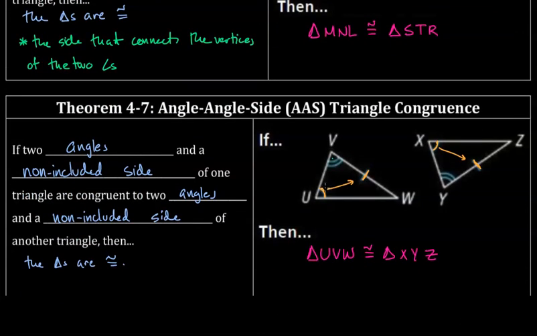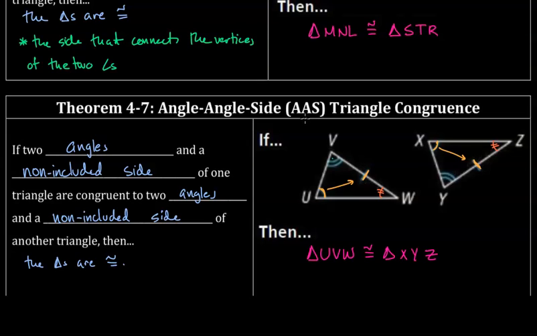If these two angles are congruent to these two angles, then by what we call the third angle theorem, it would guarantee that angle W and angle Z would also be congruent. And in that case, we would end up with ASA: two angles that are congruent here and here, congruent to these over here, and then the side that's between them, or the included side, is congruent.